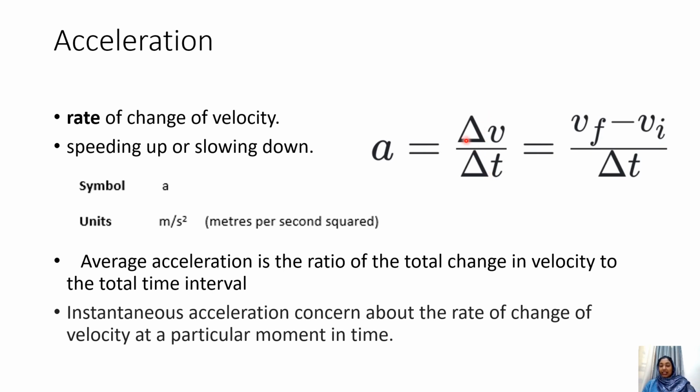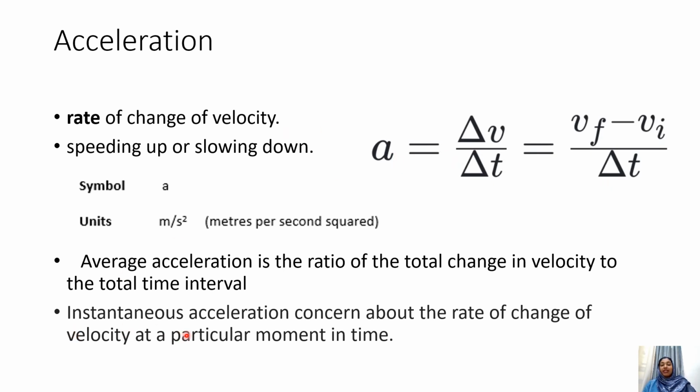What is delta v here? This sign is called delta. Delta v by delta t. What is delta v? That is change. Change means final velocity minus initial velocity. Vf is the final velocity and Vi is the initial velocity. So change in velocity by time will give you acceleration.